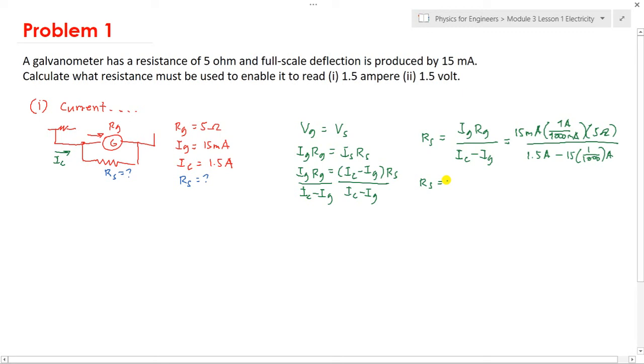So we have 15 times 1 over 1000 times 5 divided by 1.5 minus 15 times 1 over 1000. The answer is 5 over 99, or 0.051 ohms. That is the shunt resistor needed to read the value.